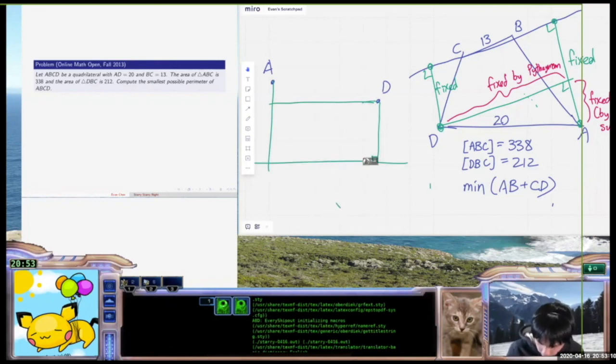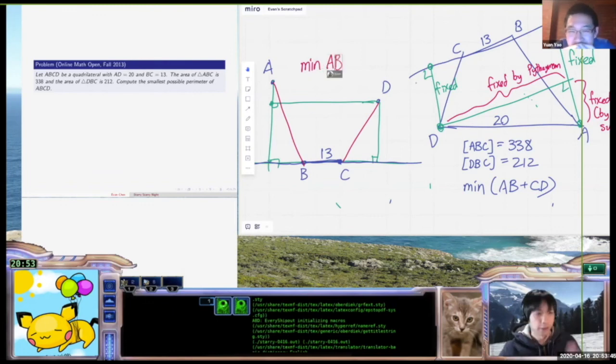This whole rectangle and this little length up here are all held in place. What's moving is just B and C, which are moving around down here on this line of 13. That other line doesn't matter, I'm not even going to draw it. And I want to minimize this length plus this length.